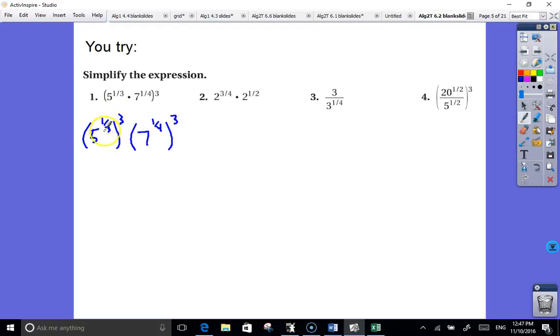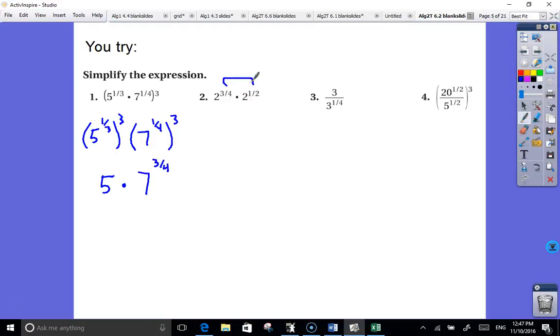Okay, and then we simplify. When we raise a power to a power, we multiply. So 1/3 times 3 is 1, so that's just 5. And 7 to the 1/4 to the 3rd, what's 1/4 times 3? 3/4. Done.